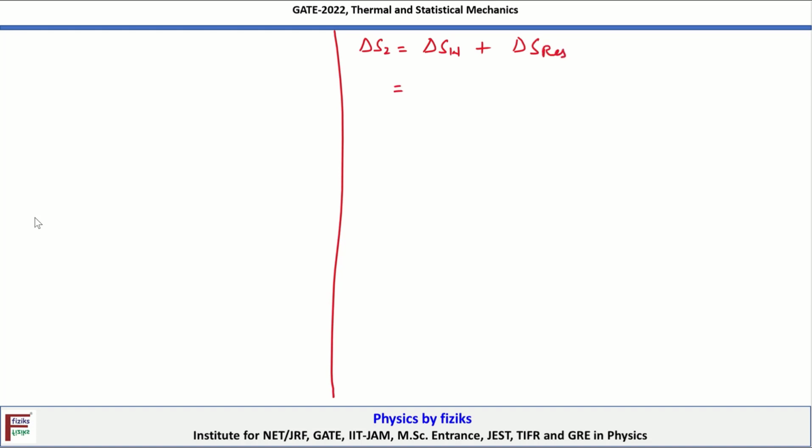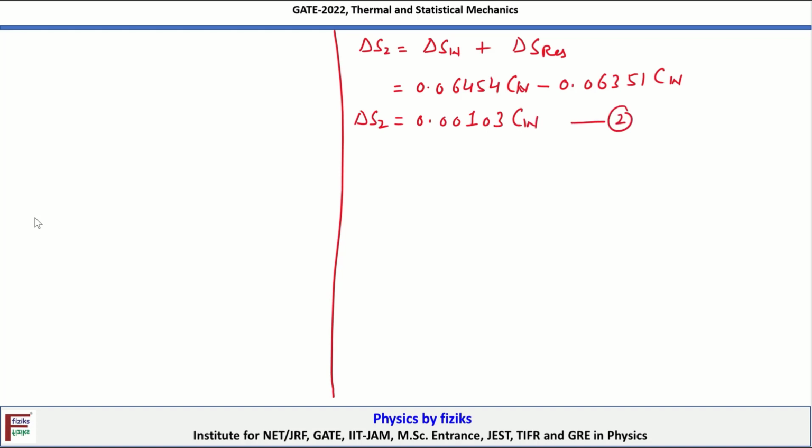So delta S water is the same, that is 0.06454 CW plus delta S reservoir, which is negative, so minus 0.06351 CW. Okay, and this upon calculation gives 0.00103 CW. So let's call this result 3.